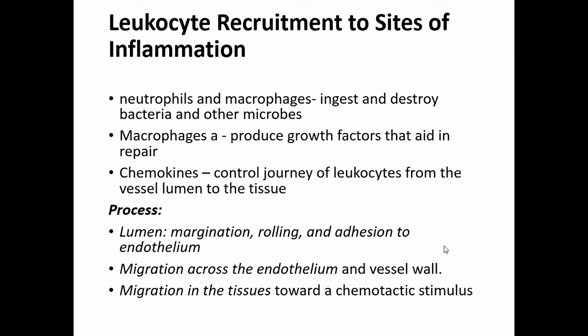And the most important leukocytes in typical inflammatory reactions are the ones capable of phagocytosis, namely the neutrophils and the macrophages. So they ingest and destroy the bacteria and other microbes, as well as the necrotic tissue and the foreign substances. And macrophages also produce the growth factors that aid in repair.